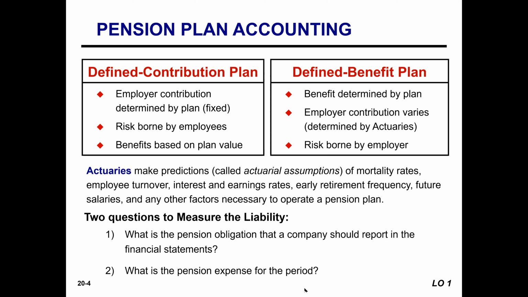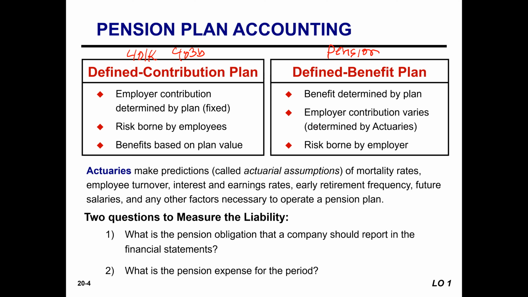The example of this would be a 401k if it's a for-profit entity, or a 403b if it's a non-profit entity. And then the defined benefit plan: benefits are determined by the plan, the employer contributes, contribution varies, and the risk is borne by the employer. This would be like a traditional pension plan. You get a defined amount at retirement.